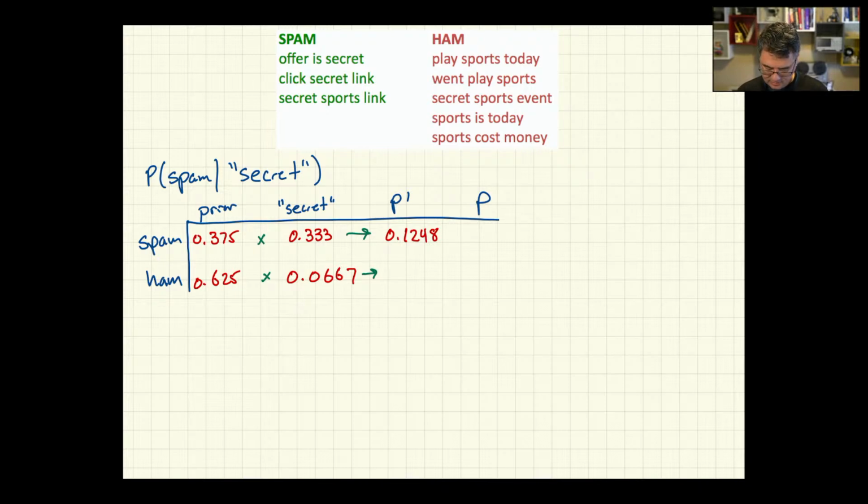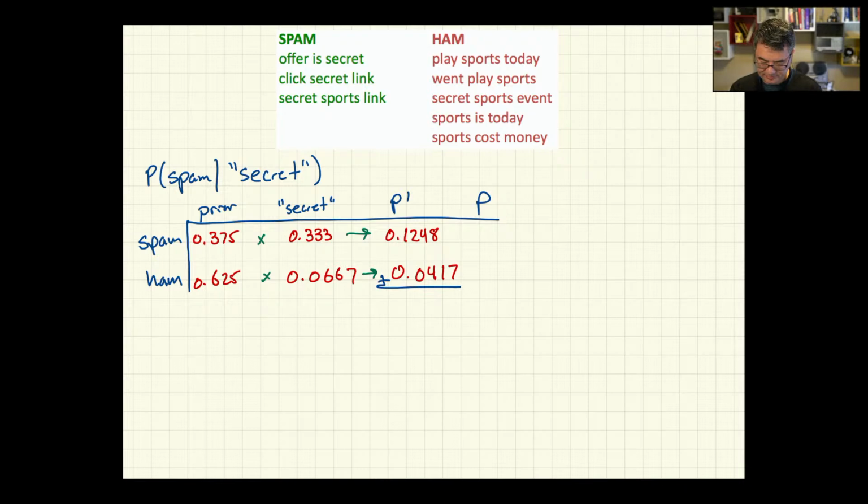And then 0.625 and 0.0667, I'm going to multiply those, and we get 0.0417.